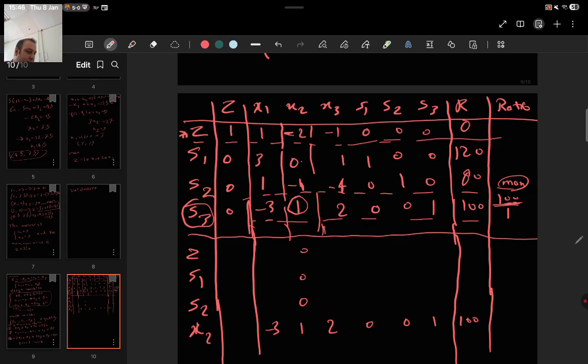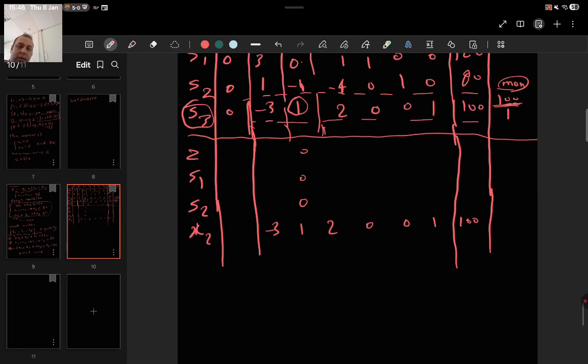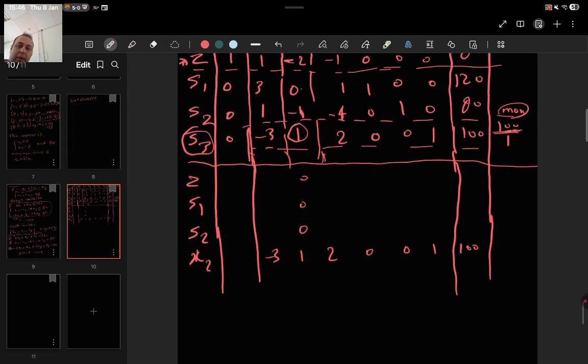We have to make the top side 0. How to do that?